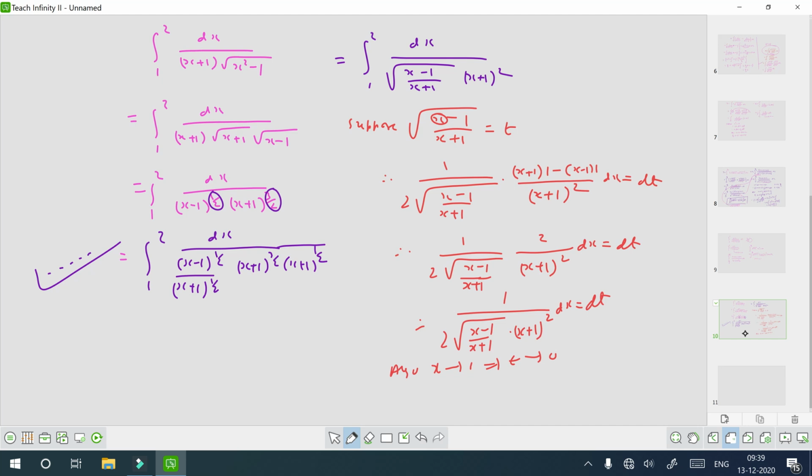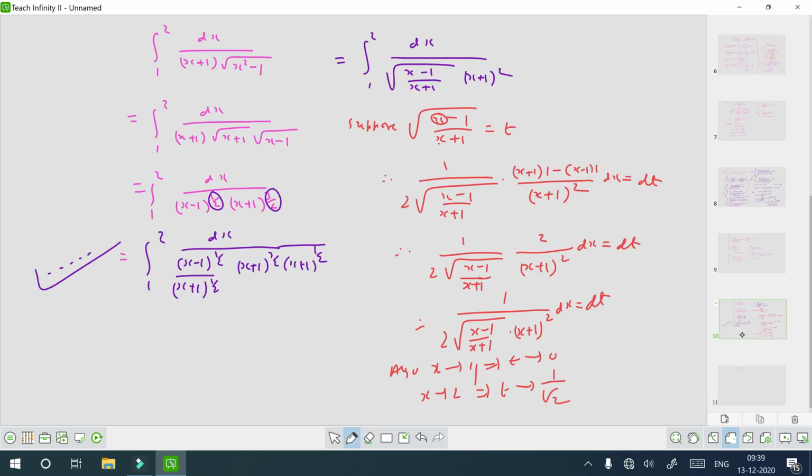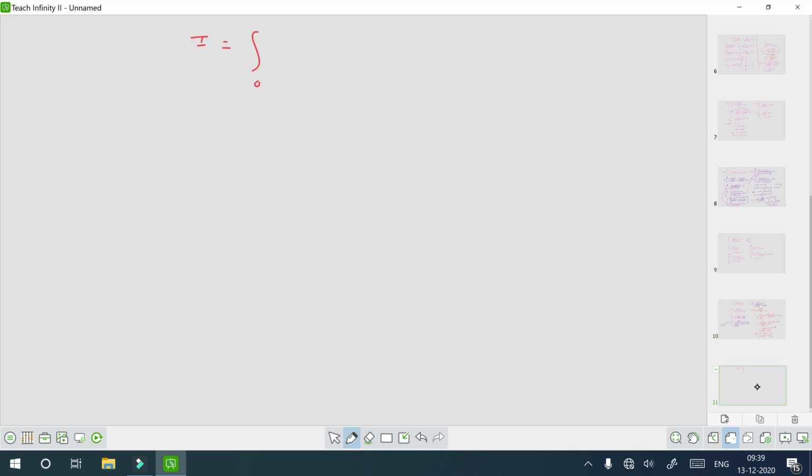X tends to 2, then t tends to (2 minus 1) over (1 plus 1), that is t tends to 1 upon root 2. So I is equal to the limit 1 to 2, so 0 to 1 upon root 2.